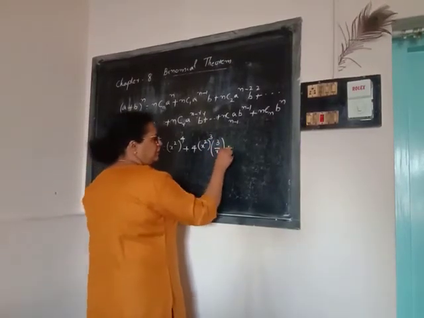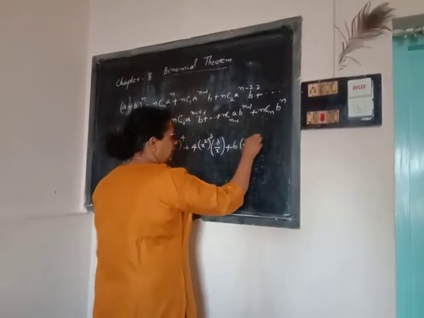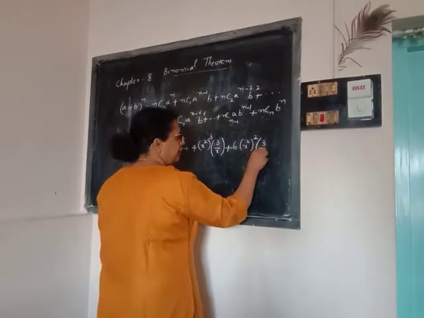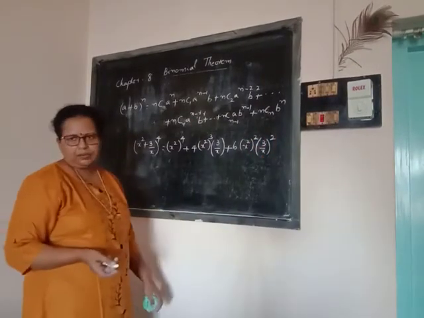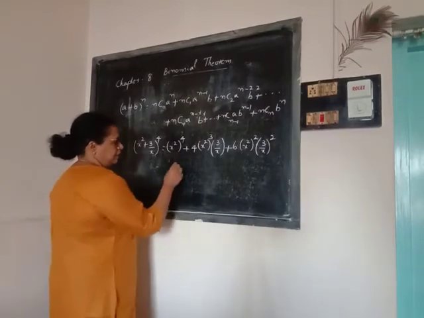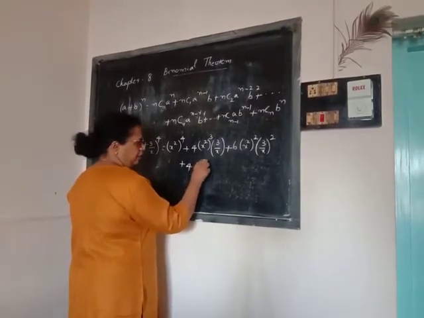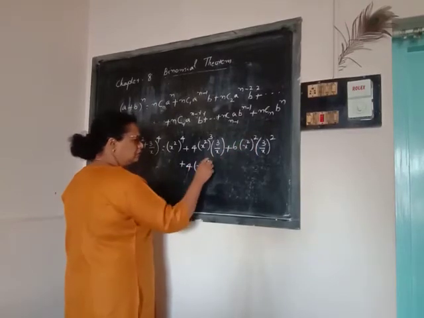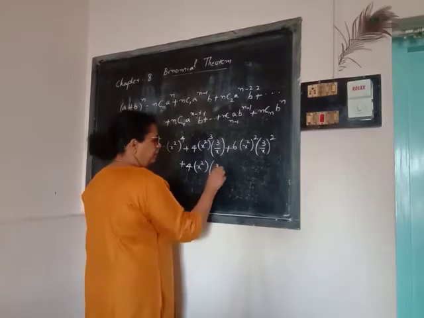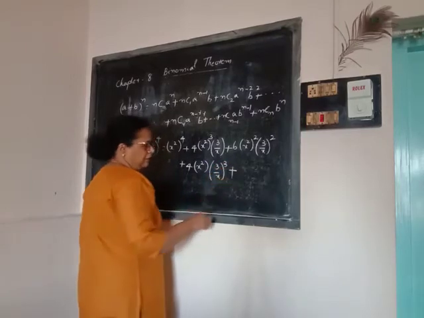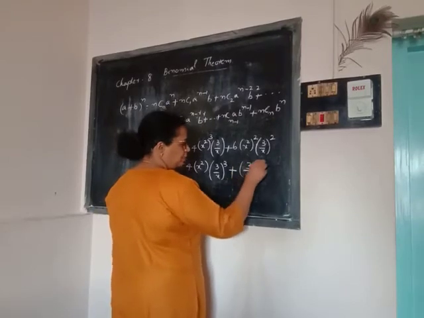Plus, the next coefficient is 6, again x squared with power 1 less, then 3 by x whole square, plus the next coefficient 4, x squared, again 1 power less so it is power 1, no need of writing, 3 by x whole cube. Then the last term comes, 3 by x whole raised to 4.